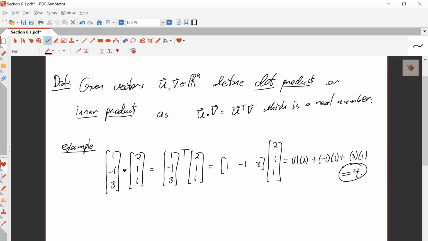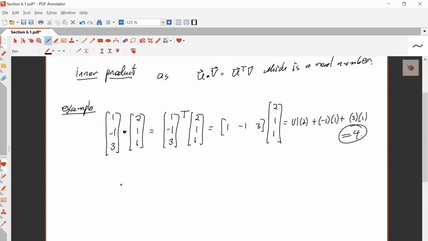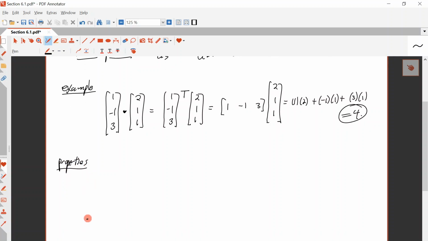Now, some properties of the dot product. One, u dot v is equal to v dot u. It's commutative.